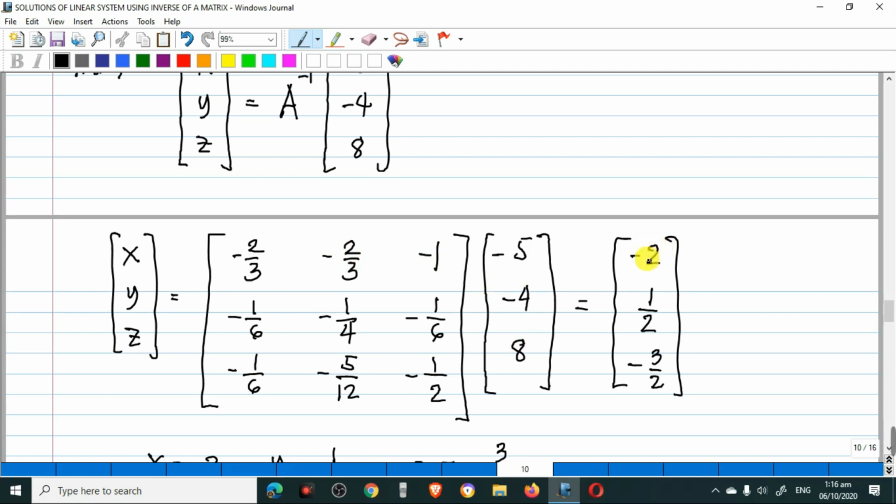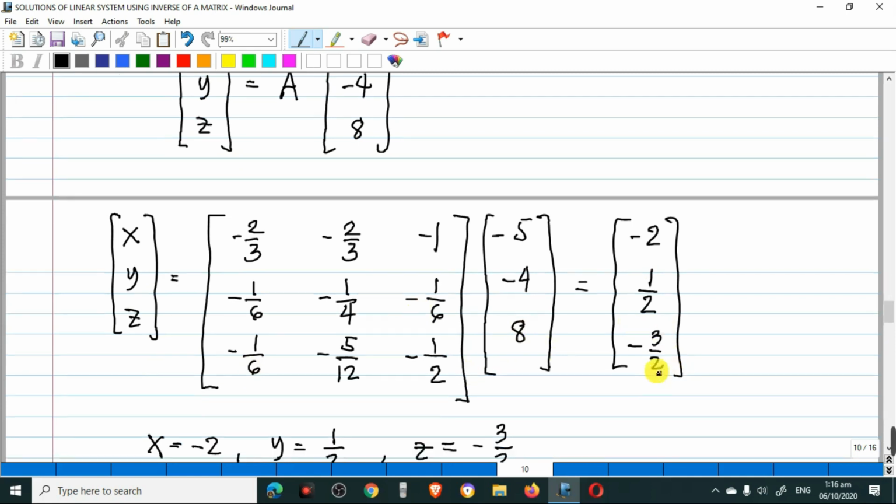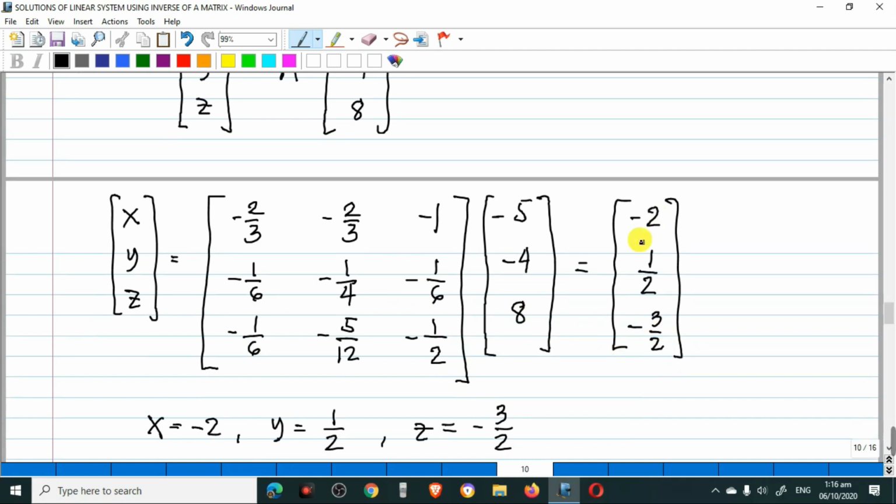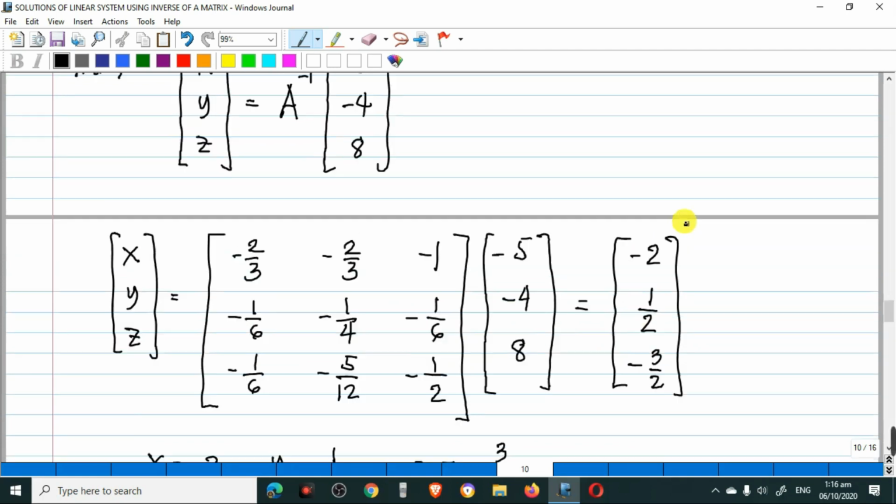Ano? Negative 2. Again, negative 1 over 6 times negative 5 plus negative 1/4 times negative 4 plus negative 1/6 times 8. The result will be 1/2. O, same procedure. Gawin mo dun sa last row. The result will be negative 3/2. So, this is the values of our x, y, and z na.